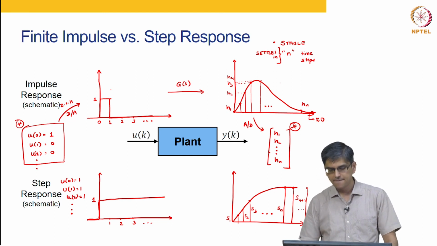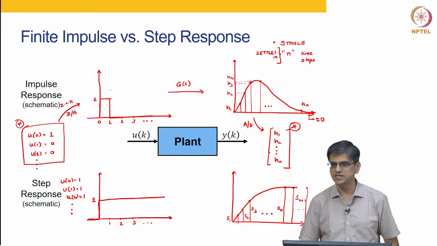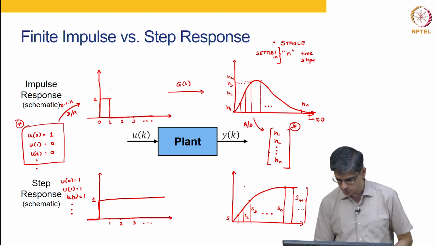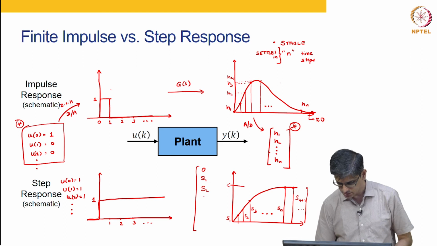Unlike impulse response, Sn plus 1, Sn plus 2, Sn plus 3 are not 0, they are simply equal to Sn. So, the responses over here are going to be 0, S1, S2, and so on up to Sn, Sn, Sn, and so on and so forth.